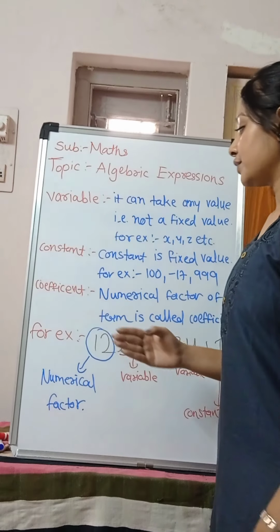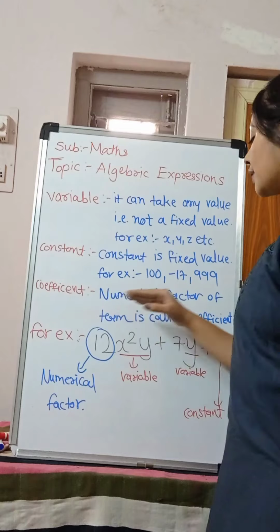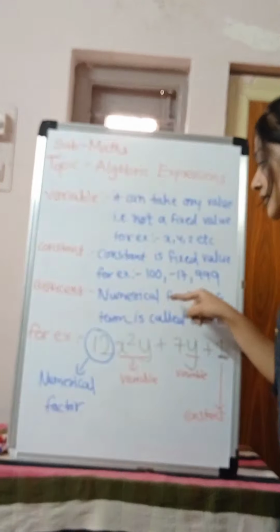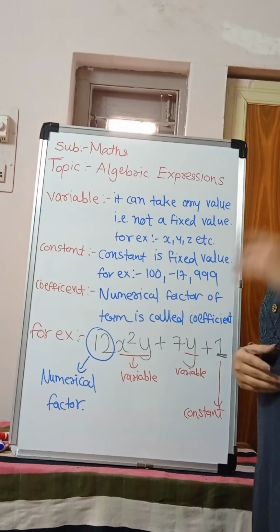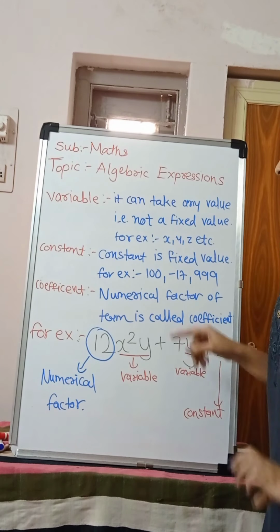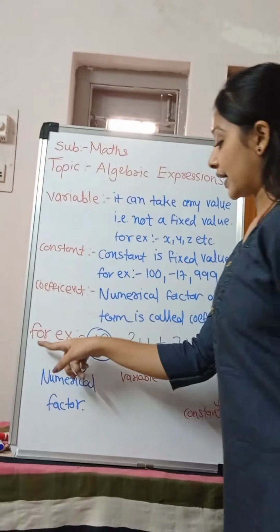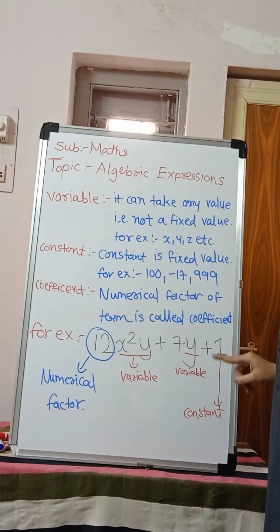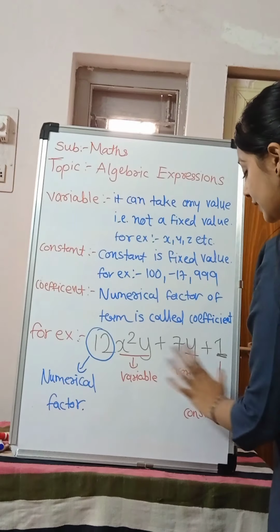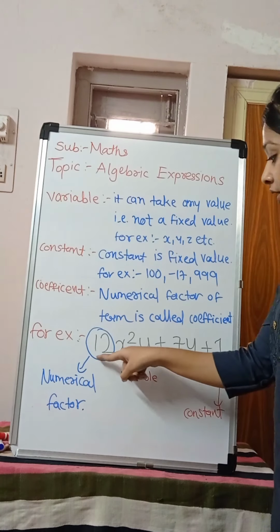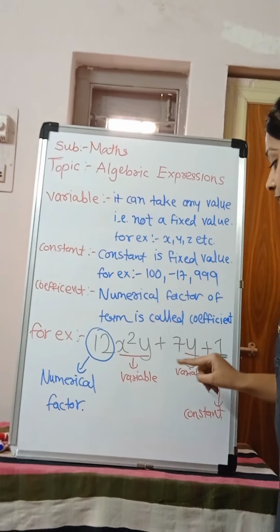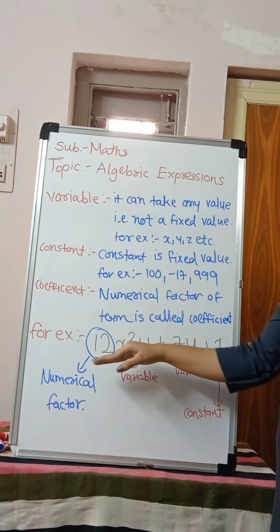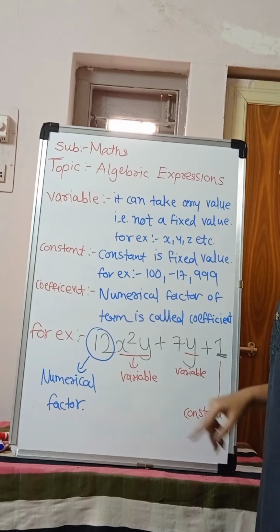Now coefficient. Coefficient is the numerical factor of a term. We have to consider only the numerical factor, that is, any numbers in the term. Example: 12x square y plus 7y plus 1. There are firstly three terms. 12x square y is the first term, 7y is the second term and 1 is the third term of this whole algebraic expression.